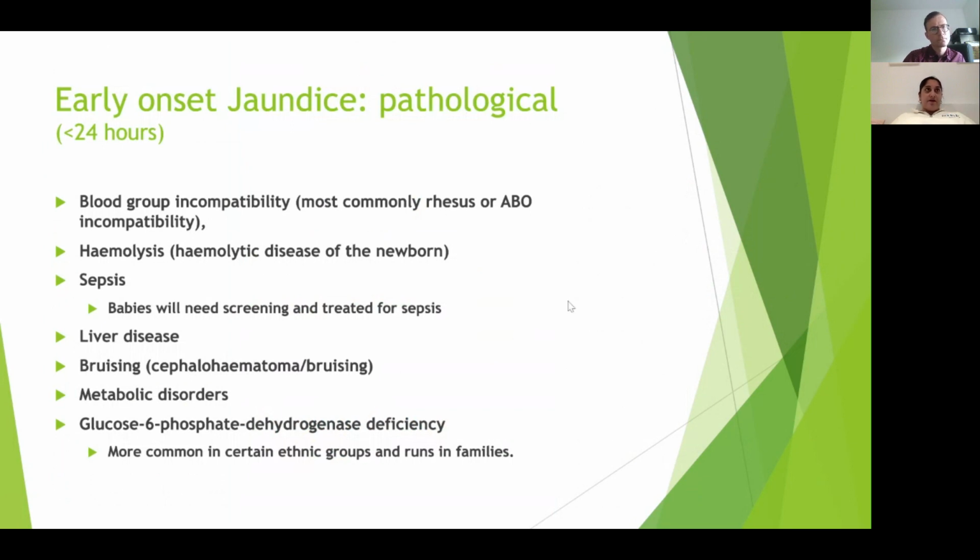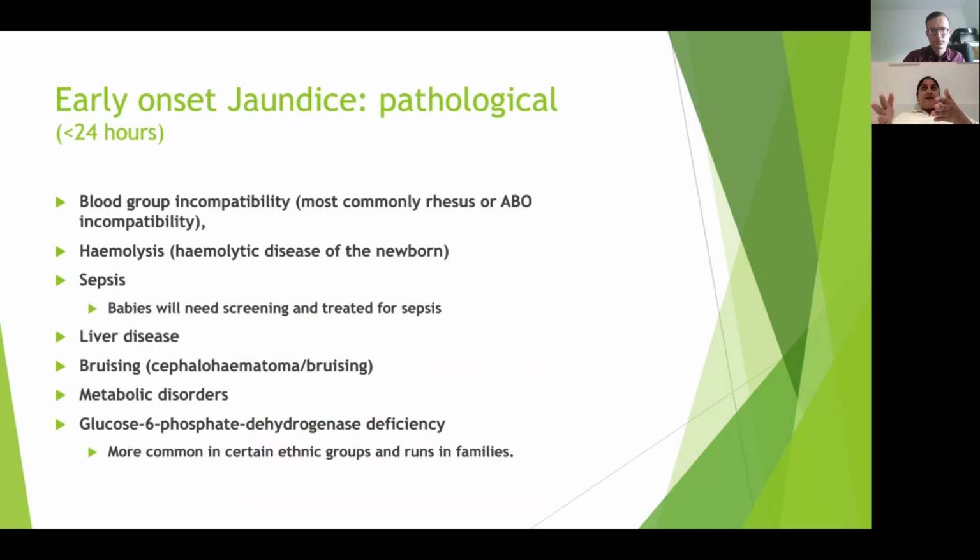Obviously we don't know anything about them before they've been born, so that's something to keep in mind. As babies are born, by either means, if they're born by cesarean, it might be traumatic. If they're born via normal vaginal delivery, they're obviously being squashed.